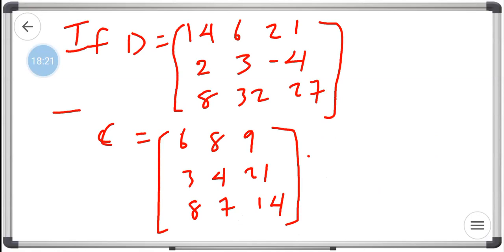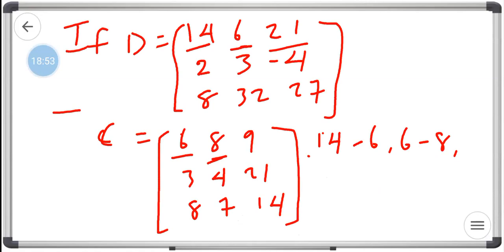So D minus C, we have our A11 here, that's 14 minus 6. The next one is 6 minus 8, and the next one is 21 minus 9.